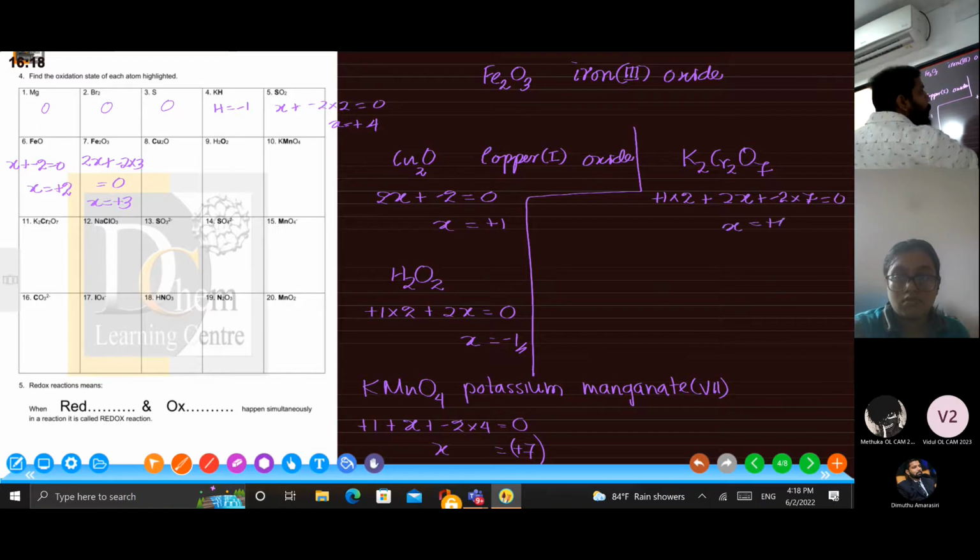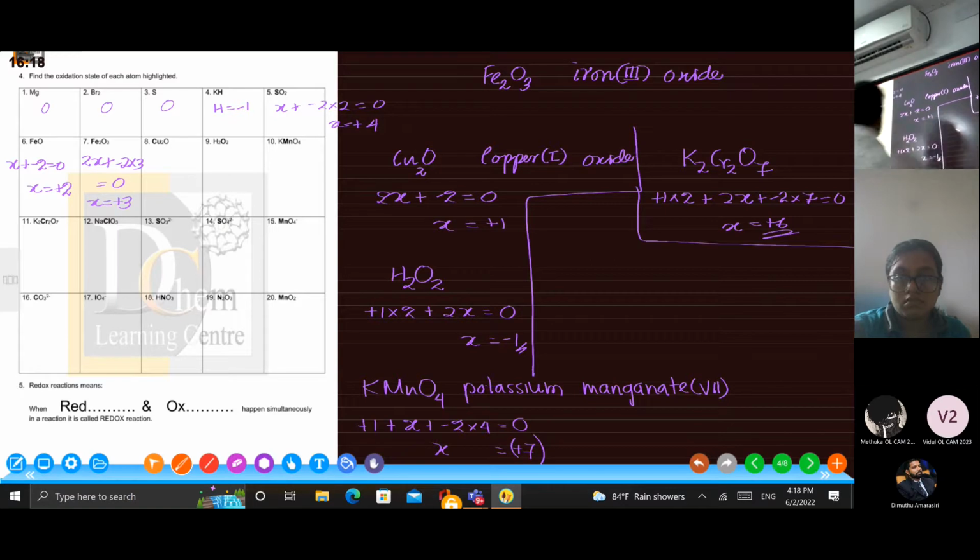Therefore, x is +6. That's potassium dichromate. And then sodium chlorate, Cl is +5.